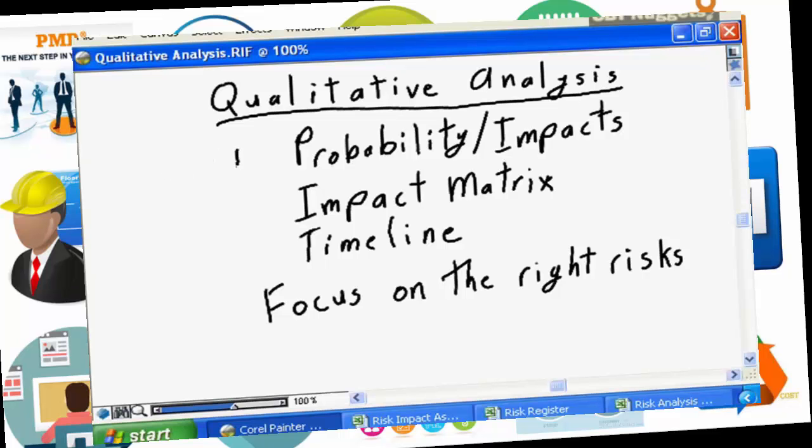So you need to go through and do a further, more detailed analysis of the probability and the impact of the risk. That may mean opening up the risk impact assessment matrix that we developed during project risk identification and reevaluating, determining the impact of the risk on your project.